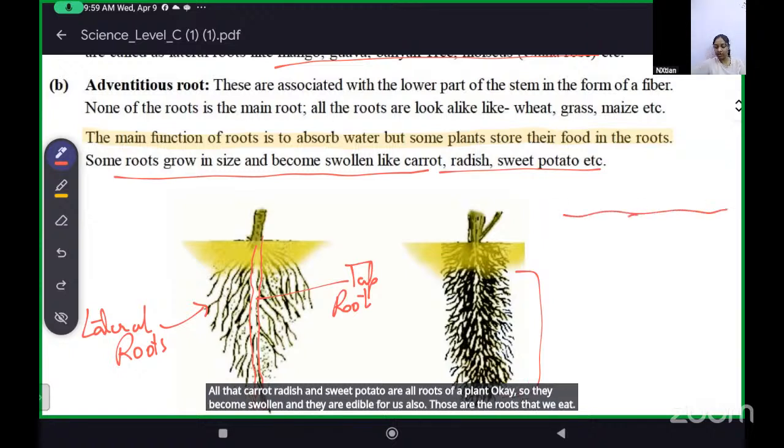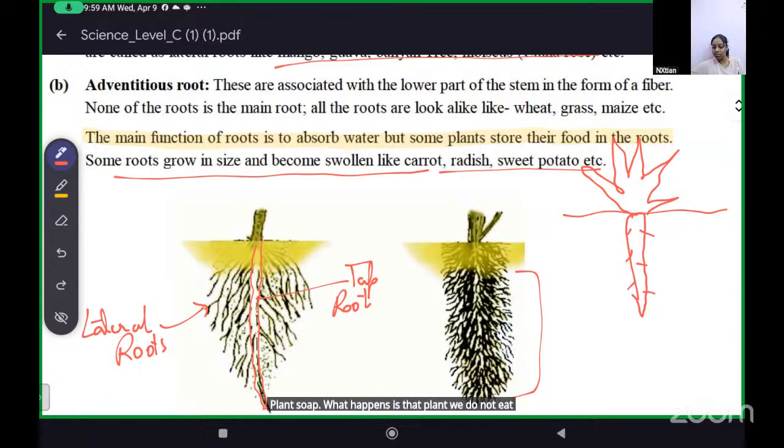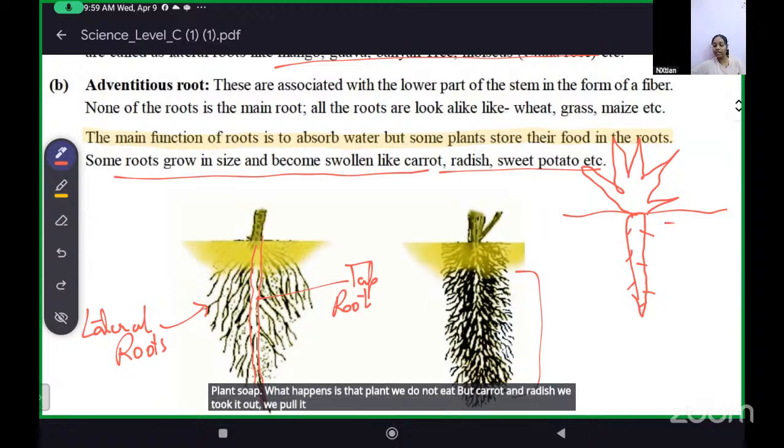Those are the roots that we eat. Carrot and radish are below the ground, and above is their plant. That plant we do not eat, but we pull out the carrot and radish and eat these roots.